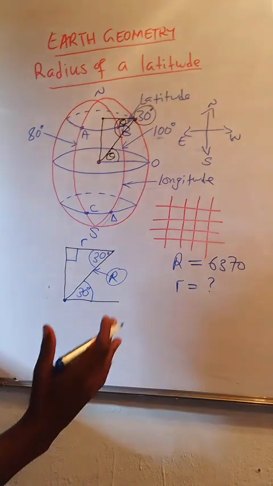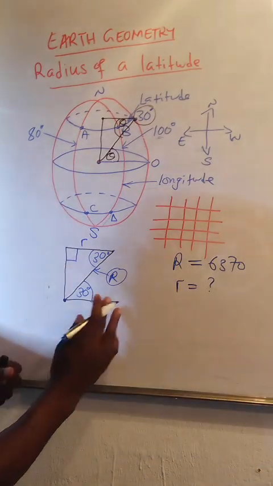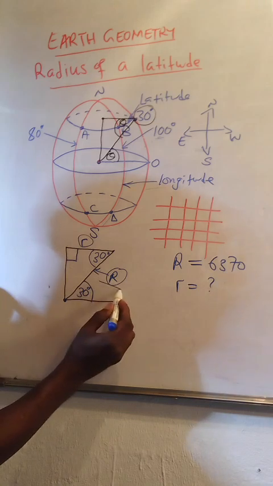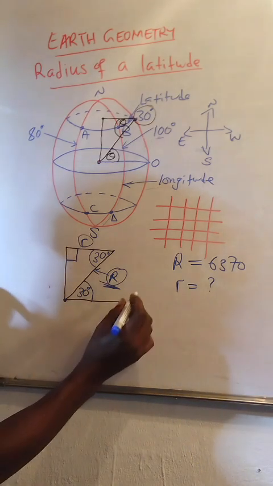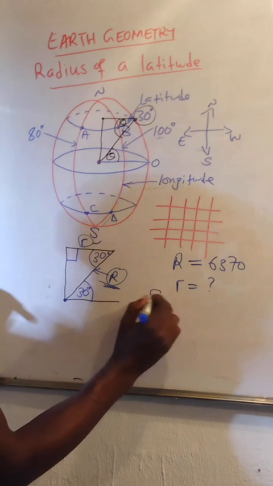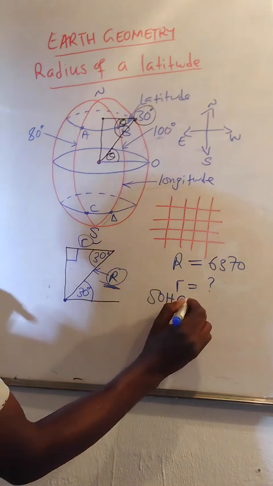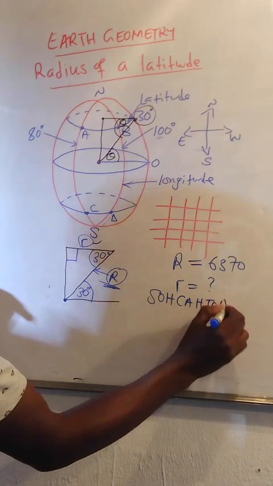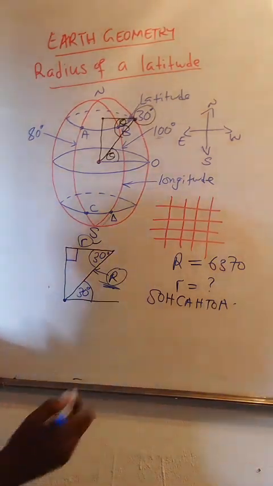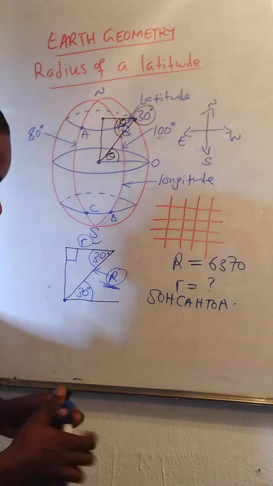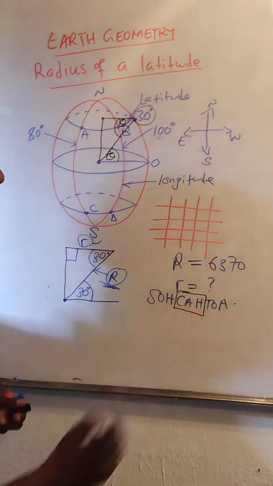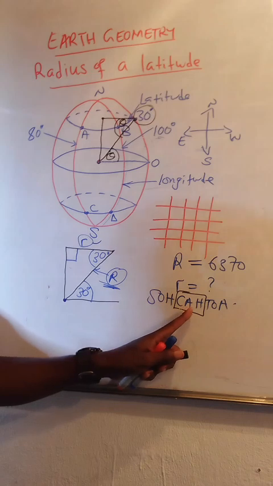So from there, now we know that we have this, and this is the hypotenuse, okay, and this is the adjacent. So from this one, we can say SOHCAHTOA, okay, and then I can use this ratio, okay, meaning cos equals adjacent over hypotenuse.